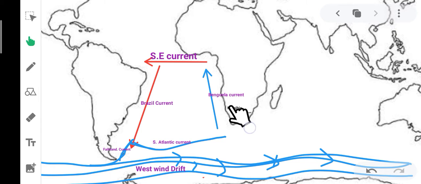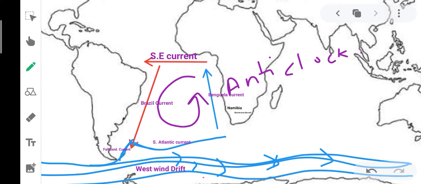Finally this Benguela current will merge with the South Equatorial current, hence completing one complete circulation, and this circulation is in anti-clockwise direction.